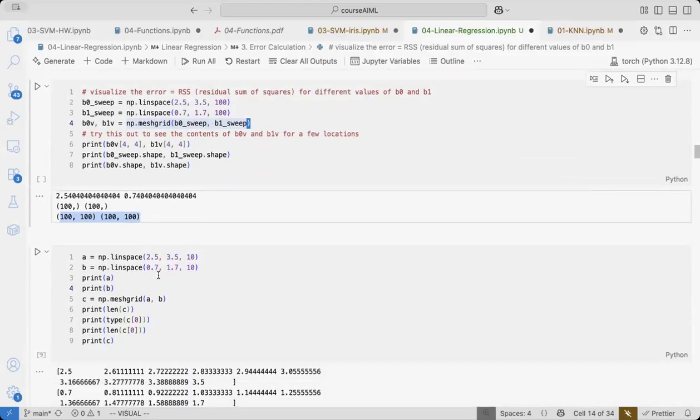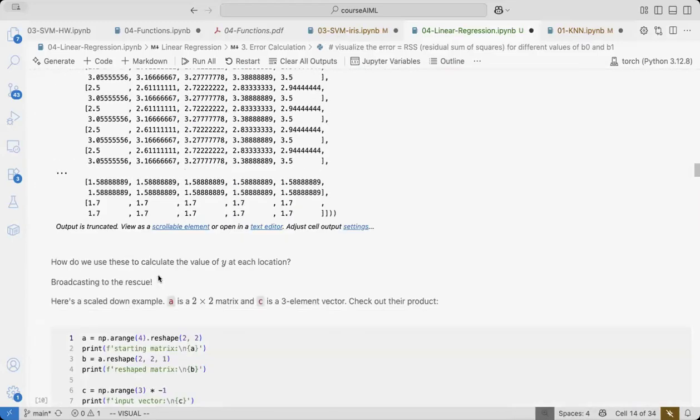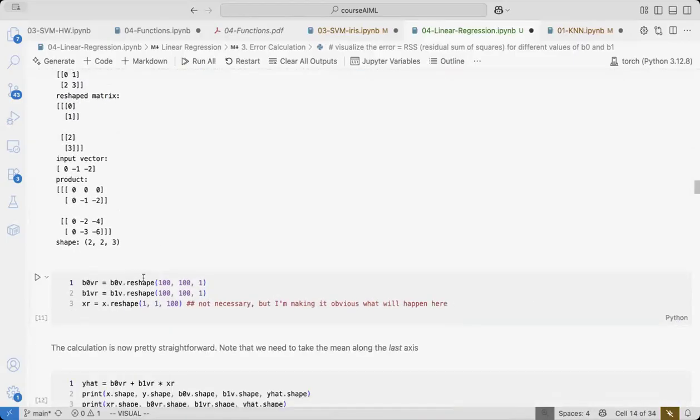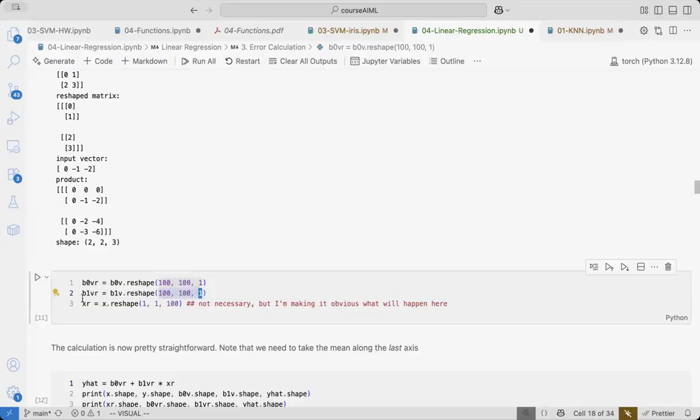Right? Then this is just explanation, as is this. Okay. Then I reshape that 100 by 100 to 100 by 100 by 1, both B0 and B1. I don't need to do this, but I still go ahead and change X to 1 by 1 by 100 just to illustrate what's happening.